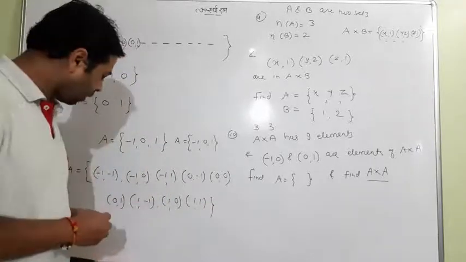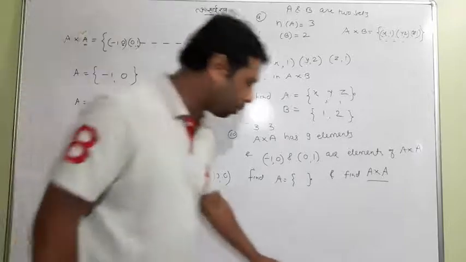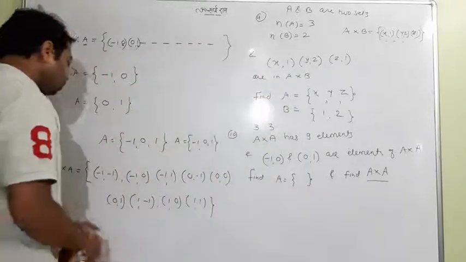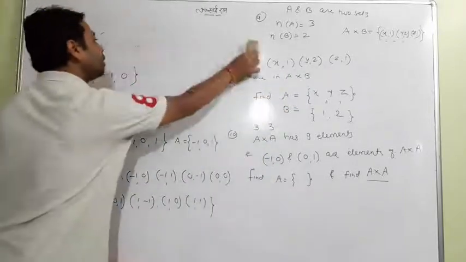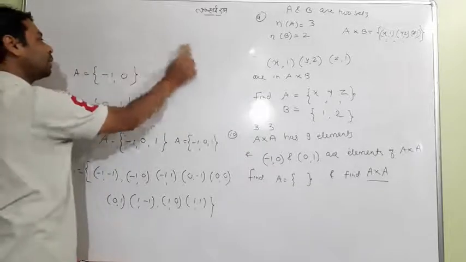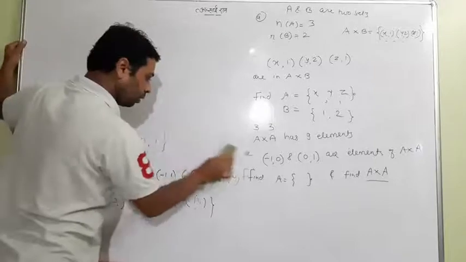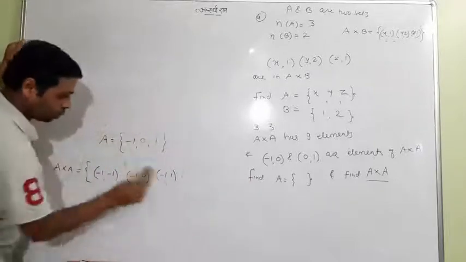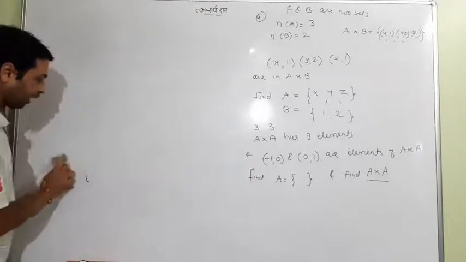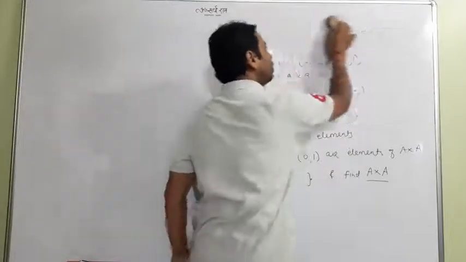So this is the Cartesian product. Now I'll move on to the next concept, which is important as far as the exam is concerned, and for the future also. In class 12th it carries weight, so you should read it carefully.